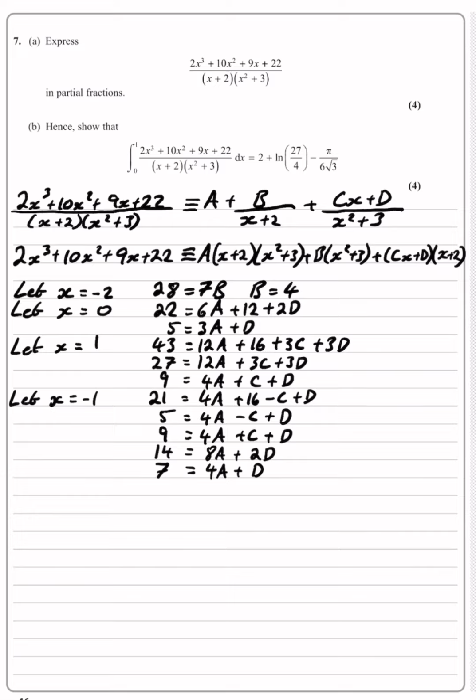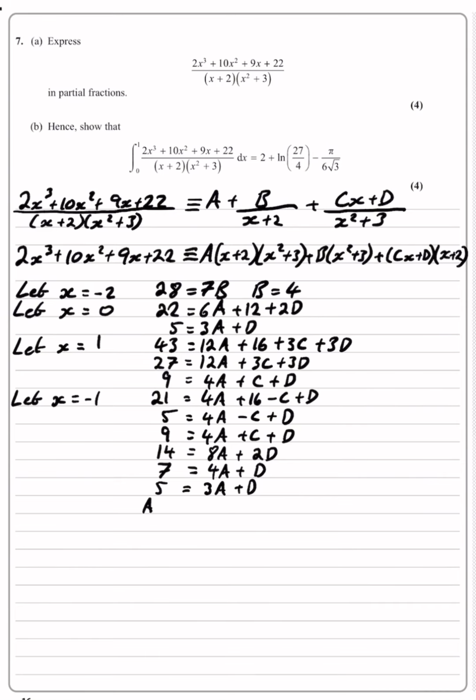And going back to the equation from when we let x equals 0, 5 equals 3a plus d, we can subtract the second from the first and conclude that a equals 2. Substitute that back in, you get d equals -1, and then substitute that back into one of the other ones, you get c equals 2.